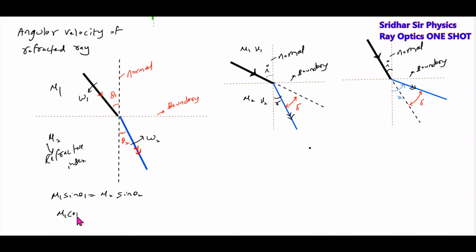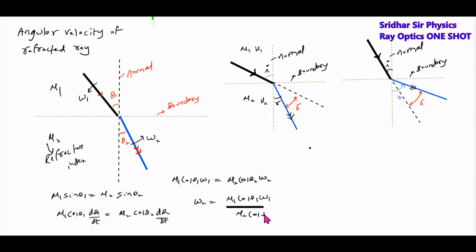So this will become mu1 cos theta 1 d theta 1 by dt equals mu2 cos theta 2 d theta 2 by dt, that is mu1 cos theta 1 omega 1. Like this we can calculate omega 2, the angular velocity of the refracted ray.